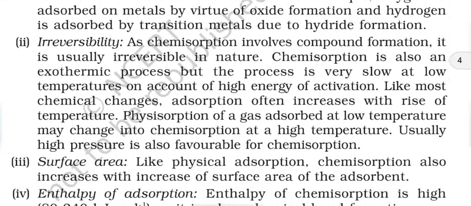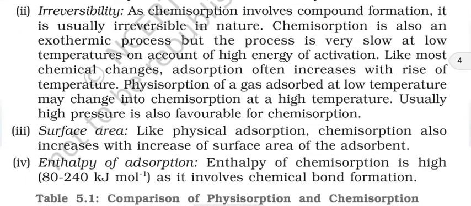Because it forms a permanent chemical bond, our second point is that it is irreversible. So we cannot obtain the initial reactants back by reversing the process, because they are permanently chemically bonded with each other. For example, when we place iron metal in open atmosphere, eventually it will rust.